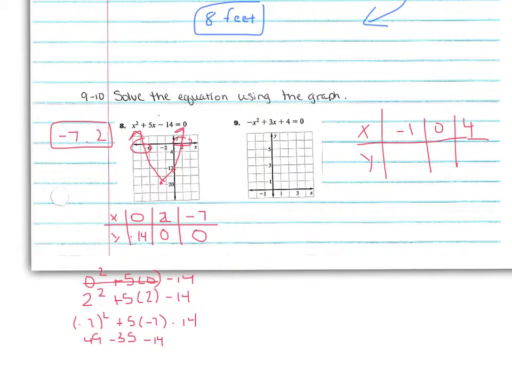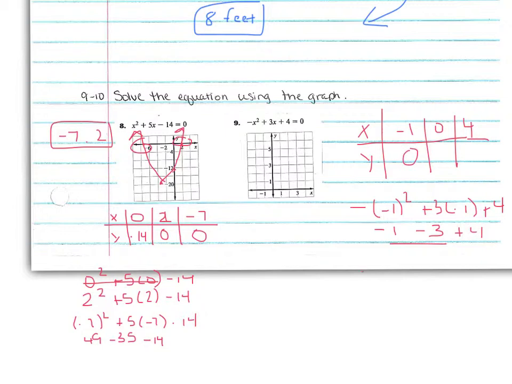And so that's going to be the negative of -1 squared plus 3 times -1 plus 4. So -1 squared is 1, but that's a -1. That's going to become a -3 and a plus 4. So that's -4 plus 4 is 0.